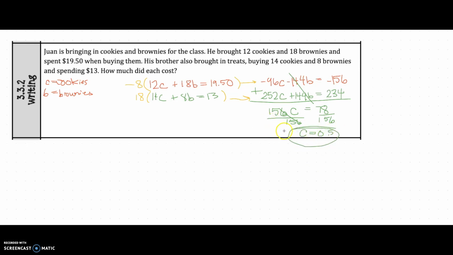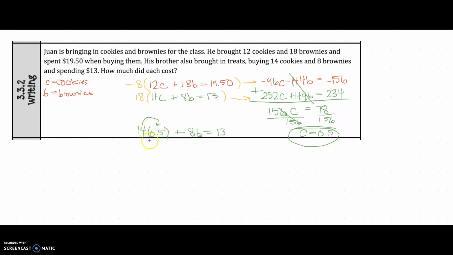Now that I have my C value, I can take that and plug that back into one of my originals or one of my new ones. Since my original numbers were smaller, I'm going to use those. And I'm going to use the bottom equation because the top one has a decimal. So I'm going to do 14 times 0.5 plus 8B equals 13.